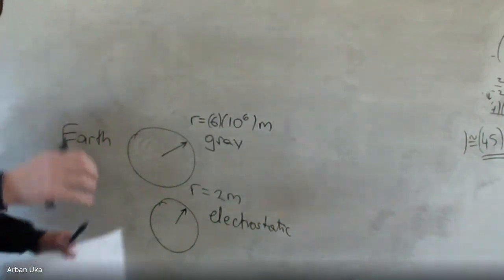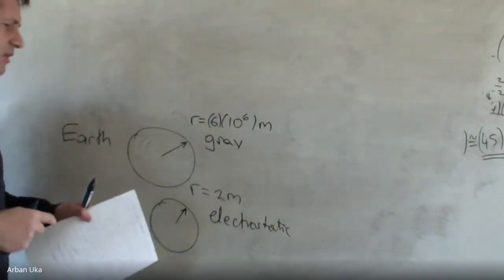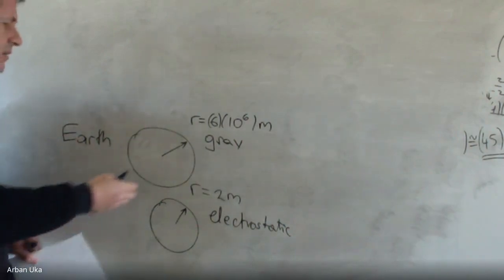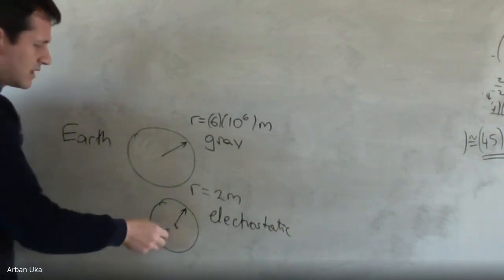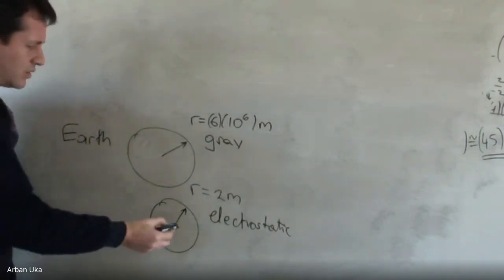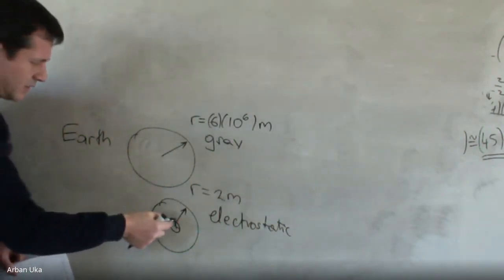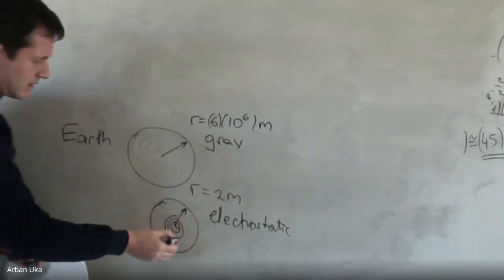Okay, if we put pieces of Earth, of mud together, and we construct stones and everything, how much work do we do to construct this, and how much work do we do to construct this if these were charges, which means that here we have some charge, then the next layer we have some more charge, then the next layer, of course, it goes on like this.